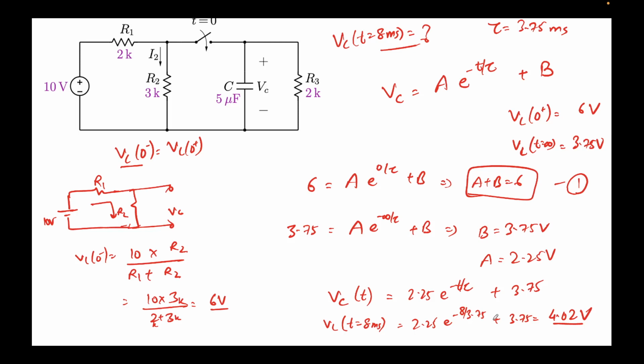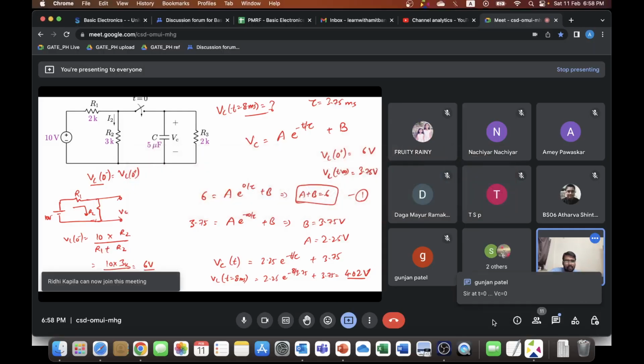Okay, let's go over this again. Vc should be a e to the power minus t over tau plus b. That is correct. Vc at infinity should be b.